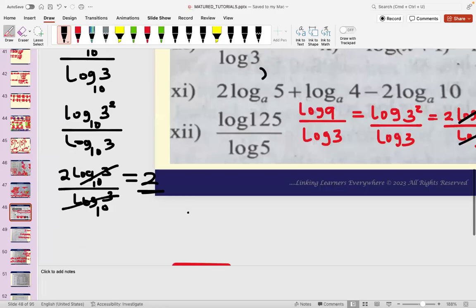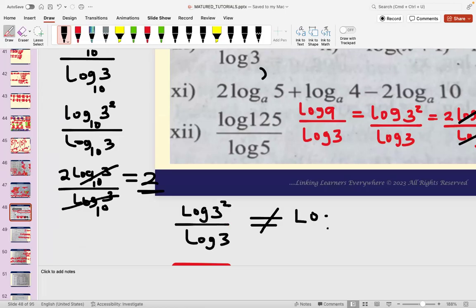Now this is the difference. Log 3 squared divided by log 3 is not the same as log 3 squared divided by 3. They are two different things.